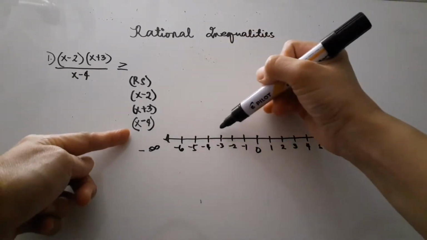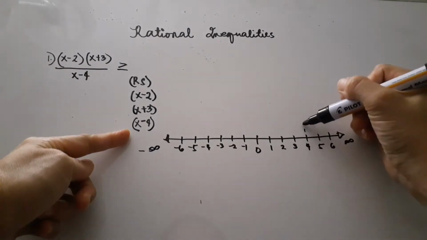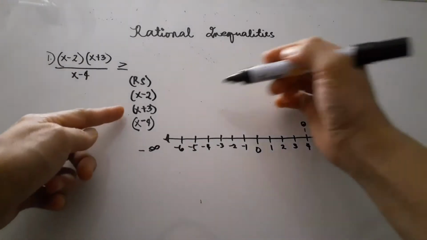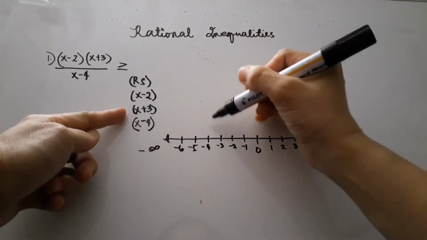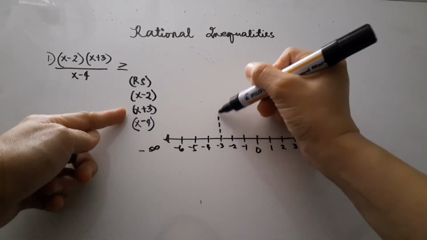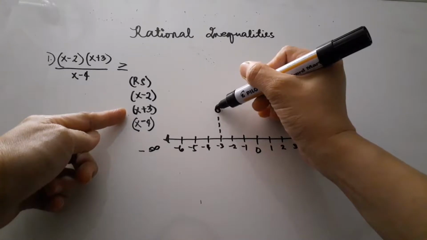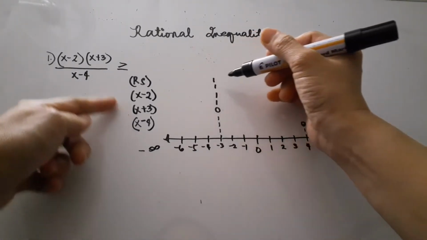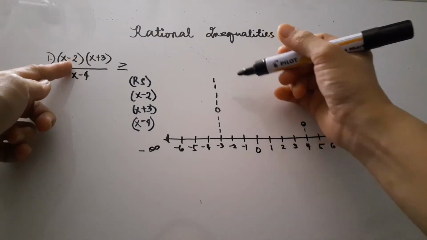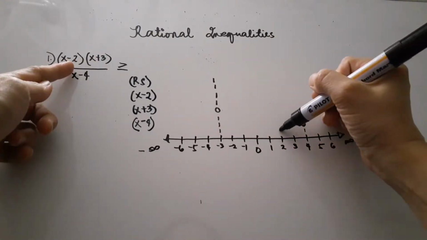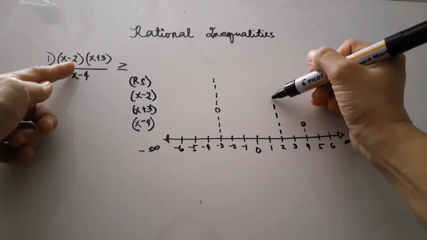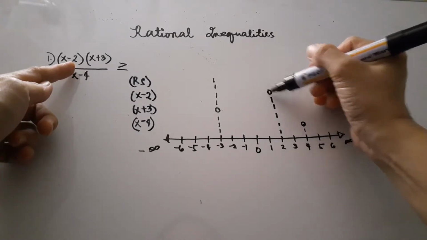Then we have x equals positive 4, x equals negative 3, and x equals positive 2.